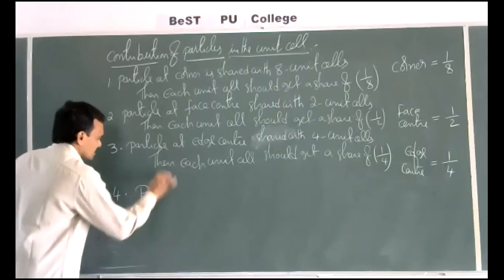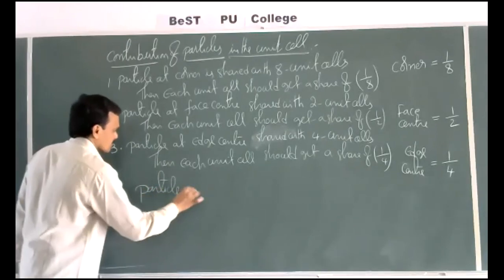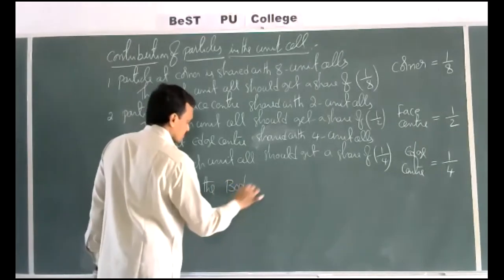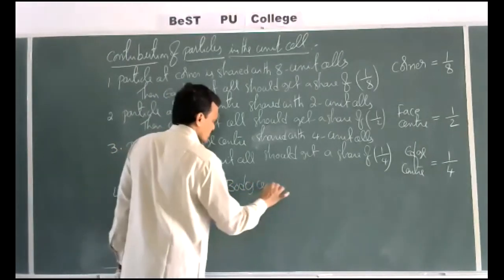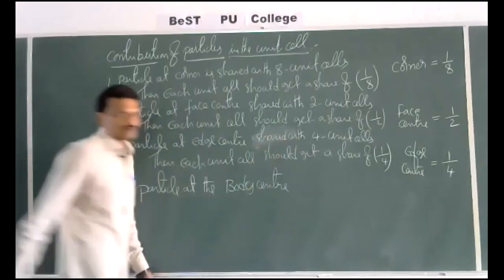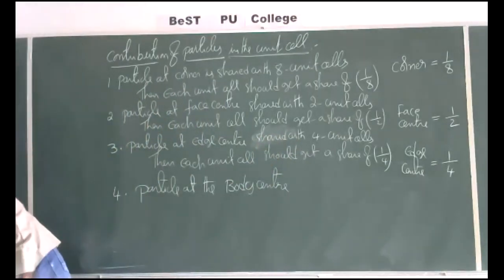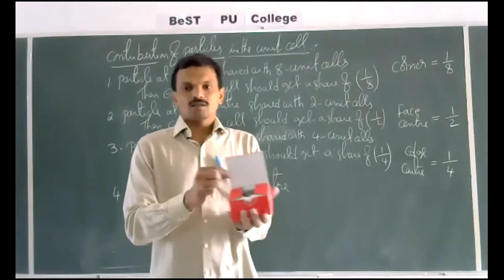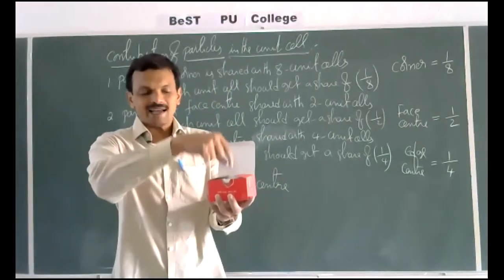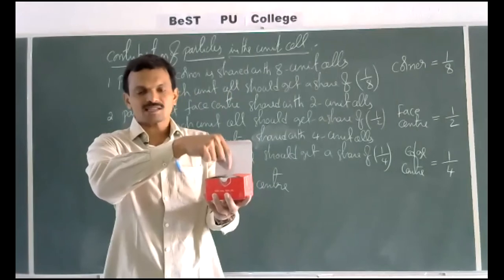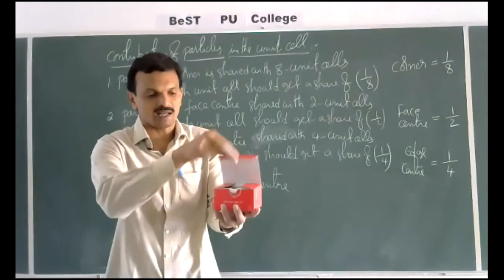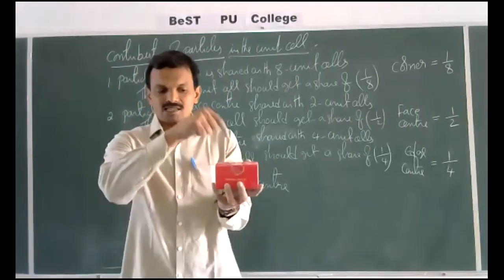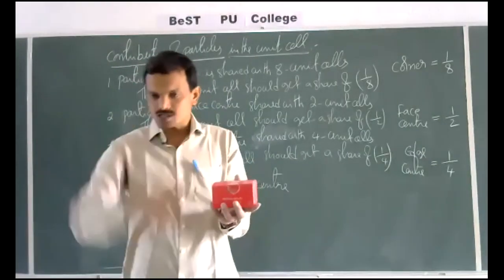Particle at the body center. For example, this box is there. Now, I open this box. Inside, at the center of this cube, at the center of this box, if I place one particle and just close this, does that particle inside this box share with any other unit cells?